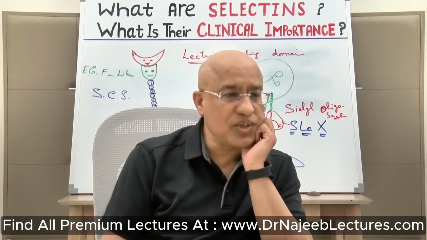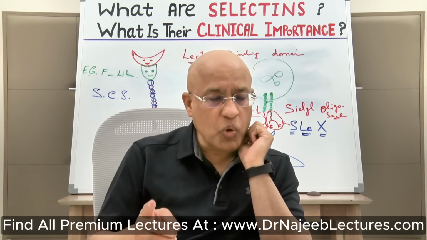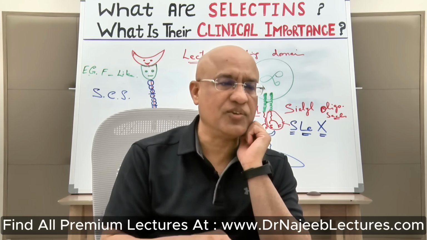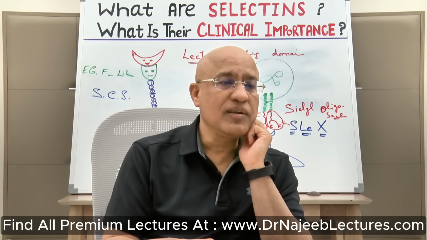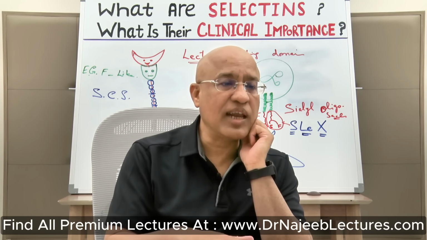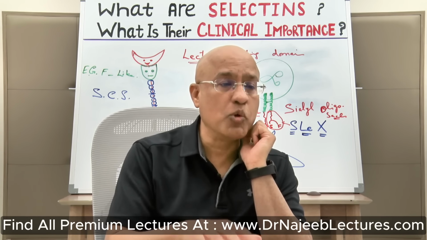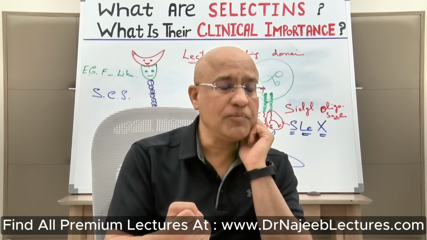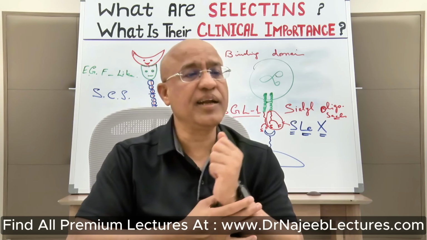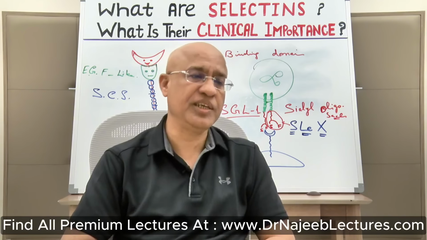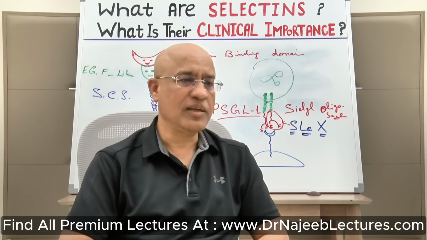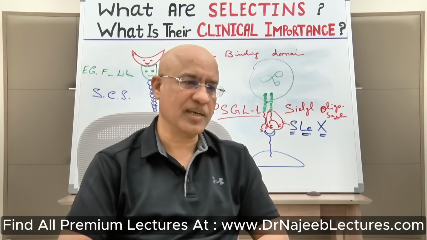This type of injury is called post-ischemic reperfusion injury, and you have to remember that selectins also play a role in that by capturing the neutrophils and enhancing the neutrophil mediated injury in the ischemic area where reperfusion occurs, right?